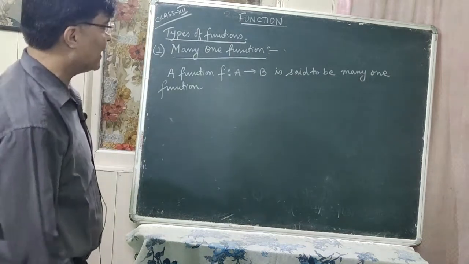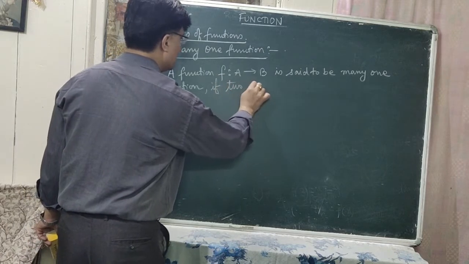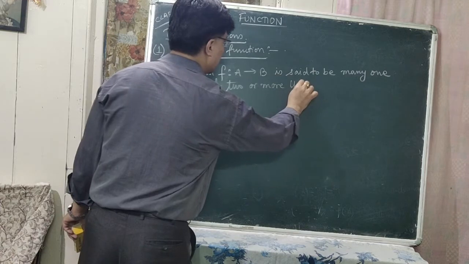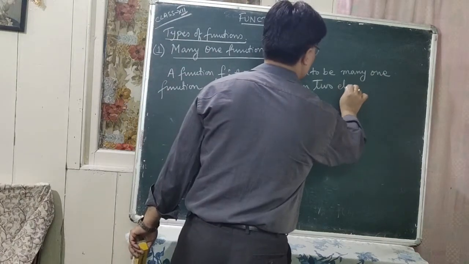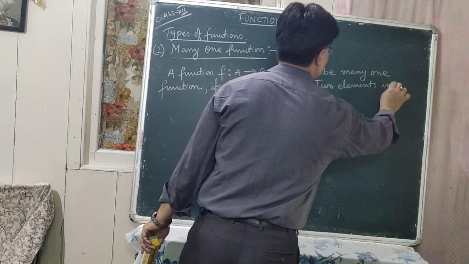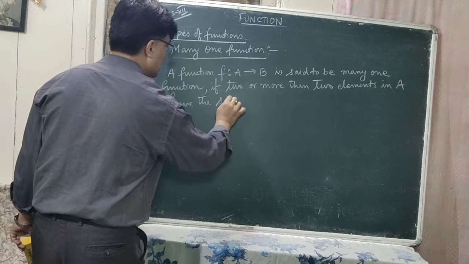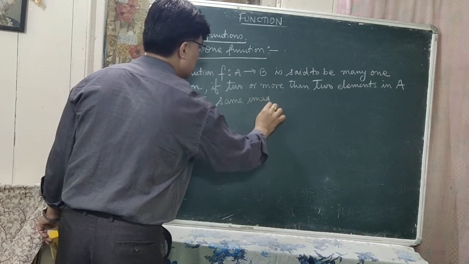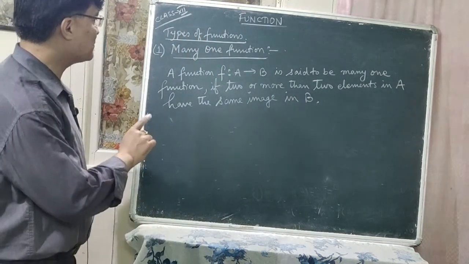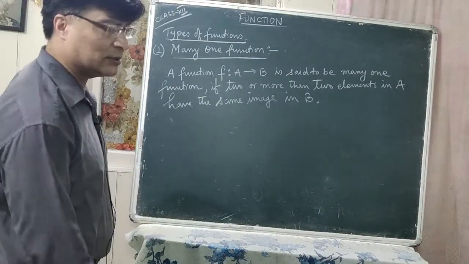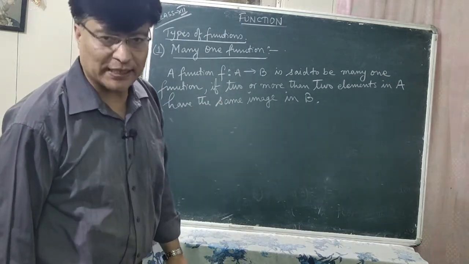A function f such that A to B is said to be many one function if two or more than two elements in A have the same image in B. A function f such that A to B is said to be many one function if two or more than two elements in A have the same image in B.